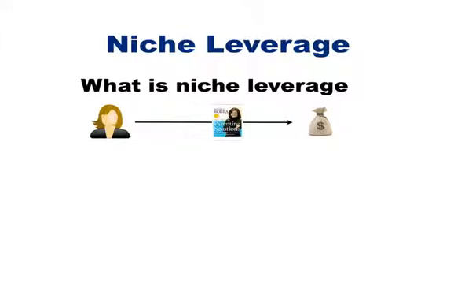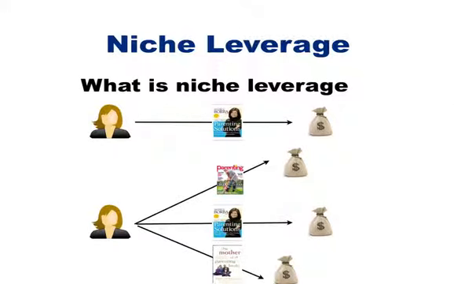But let's say you had three different websites on three different parenting books, and they're all related. You could essentially make triple the amount of money that you would have originally made. But I'm going to go into that a little bit more further down in the video.